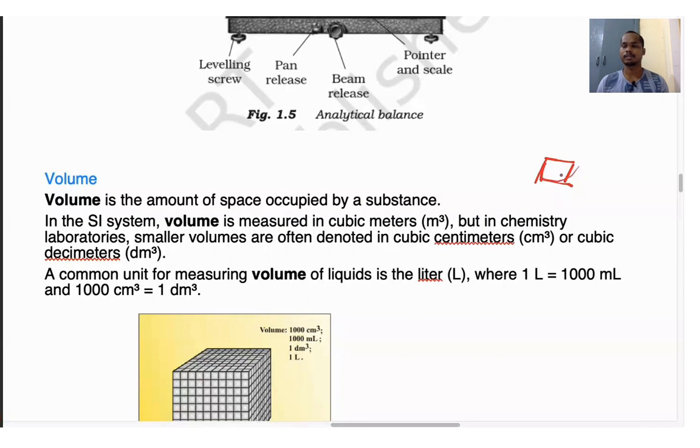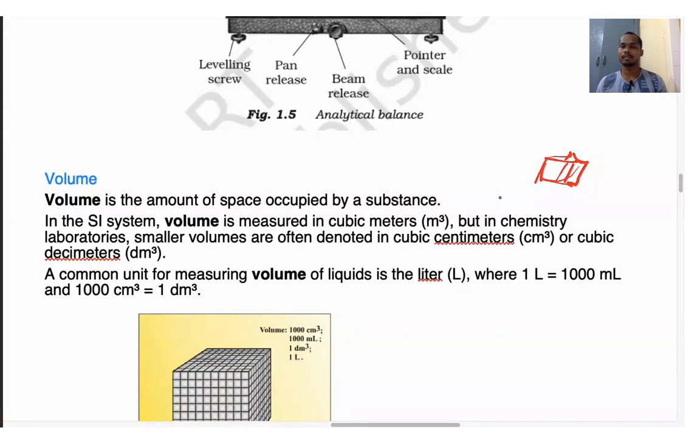If it is an object, then definitely it has three dimensions and occupies three-dimensional space. That's why it is cubic meter. But in chemistry laboratories, smaller volumes are often denoted in cubic centimeter or cubic decimeter.